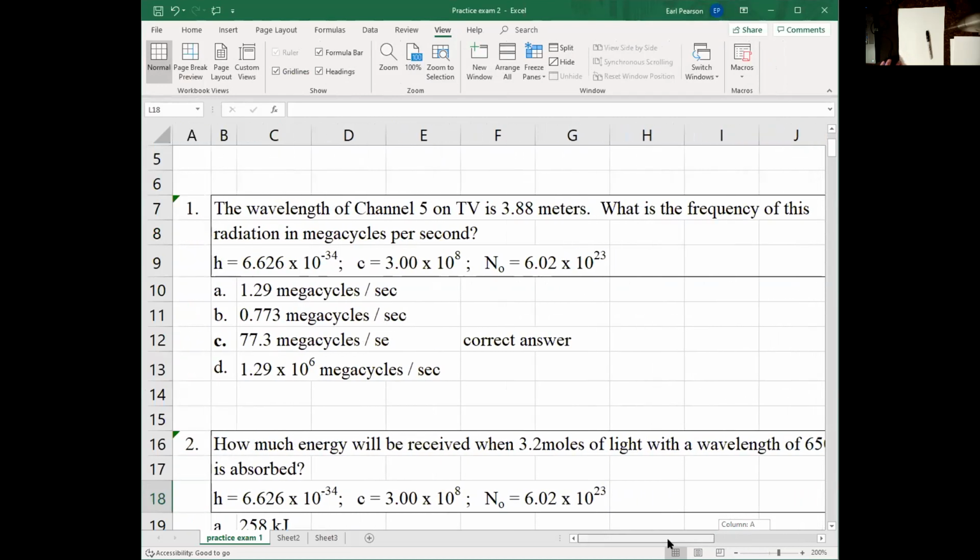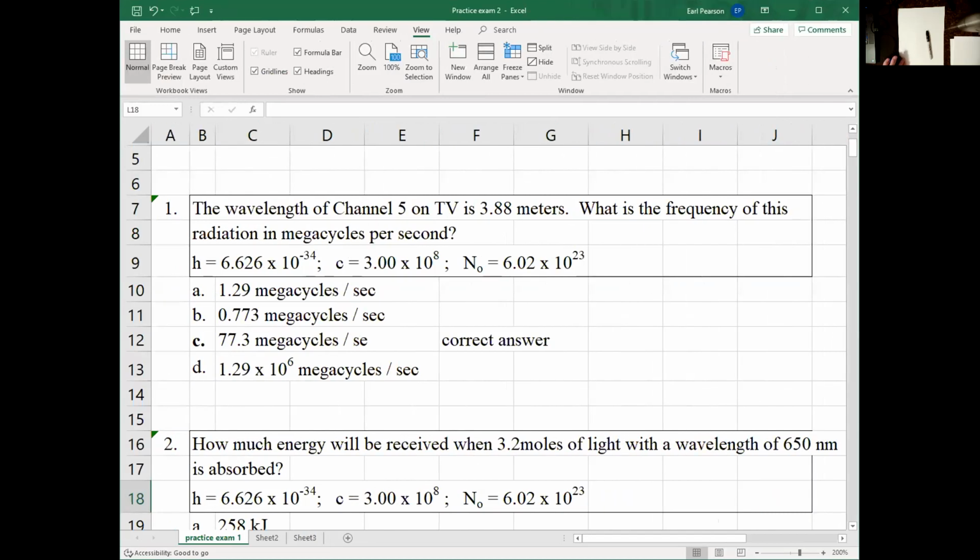And now I need to expand the screen just a little bit. That should be okay. All right. If there's a problem on here that you don't really need me to help you with, then we'll skip it. But I'm guessing the first one is one you might want me to do.